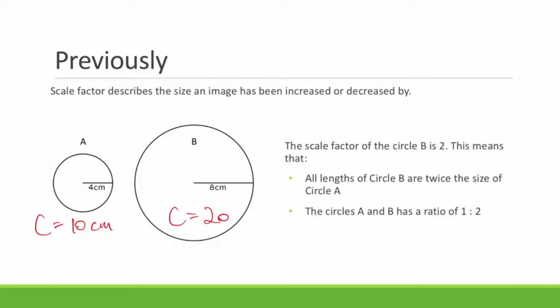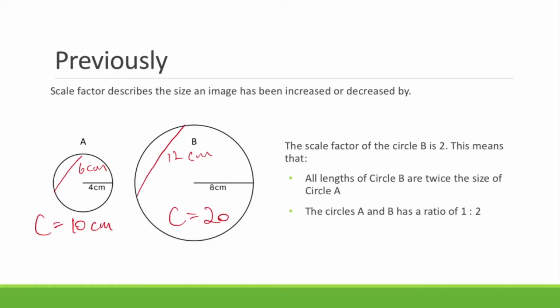Obviously it's not, because if we actually work it out, we can find the actual circumference. But let's say for another example, this chord was 6 centimeters. The matching chord would be double, 12. So every length is double if the scale factor is 2.